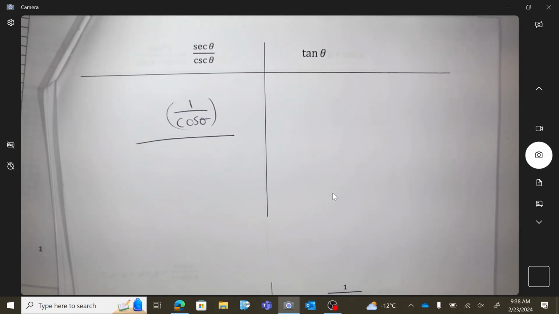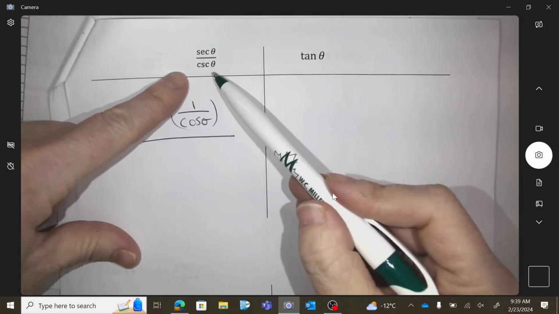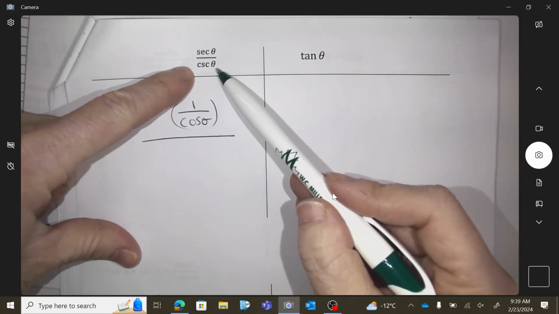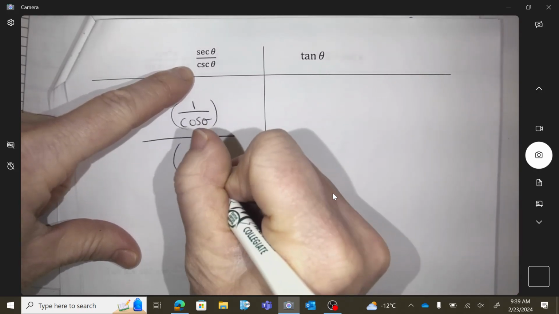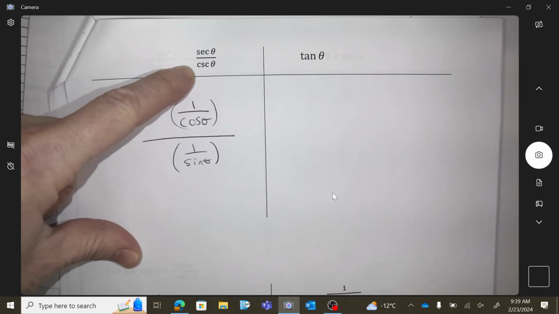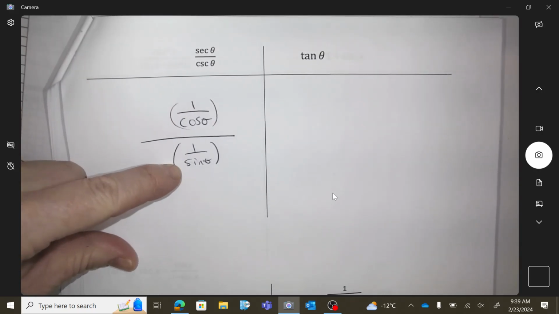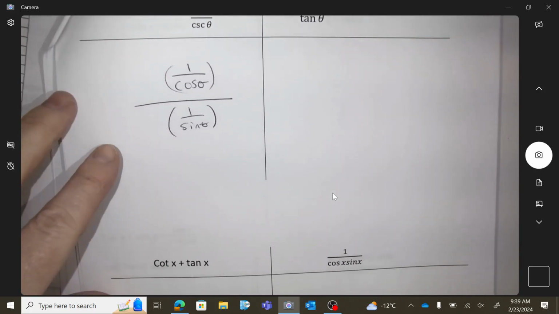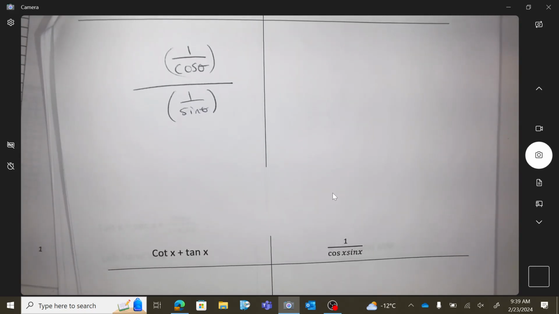So there's me replacing secant. I'm going to replace cosecant with 1 over sine. So I substituted secant, I substituted cosecant. Two fractions, can you rewrite a times flip situation?